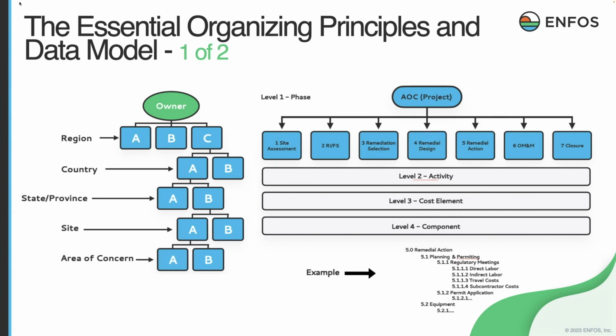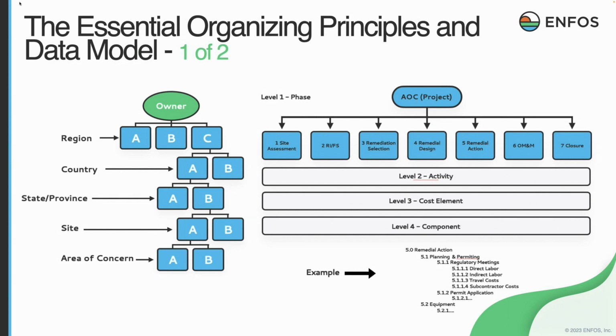This hierarchy structure is configured to precisely mimic the customer's organizational structure on sites and areas of concern. It can have as many levels as you need based on your own design requirements. The levels are named precisely what you want to name them. But ultimately, at the very bottom of this, you have independent and unique areas of concern. That is the remediation entity that's part of the portfolio.